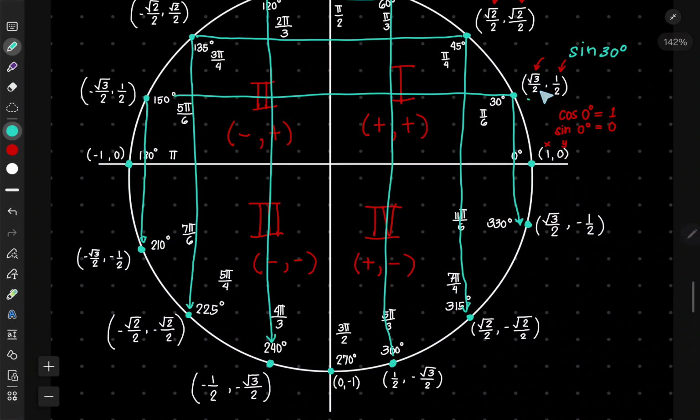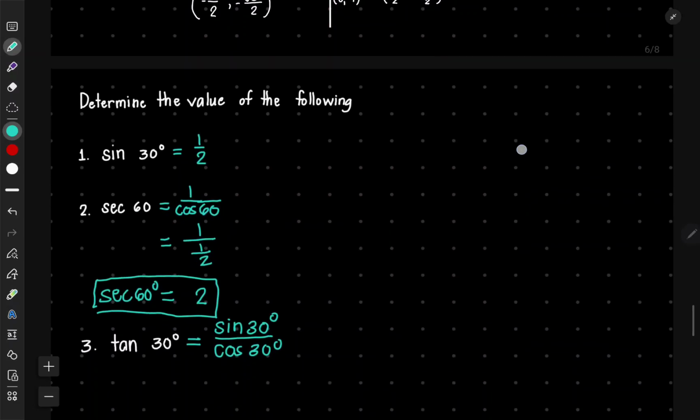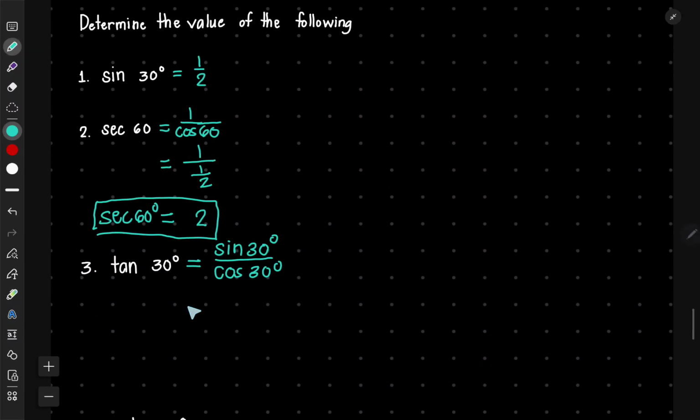So, our cosine 30 is equal to square root of 3 over 2, and our sine 30 is equal to 1 half. So, substituting that here, our sine 30 is equal to 1 half. And then our cosine 30 is equal to the square root of 3 over 2.